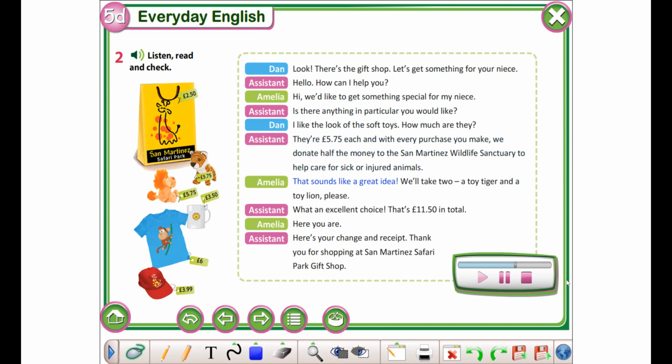That sounds like a great idea. We'll take two, a toy tiger and a toy lion, please. What an excellent choice. That's £11.50 in total. Here you are. Here's your change and receipt. Thank you for shopping at San Martinez Safari Park gift shop.